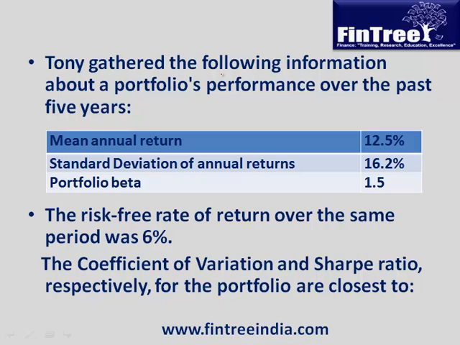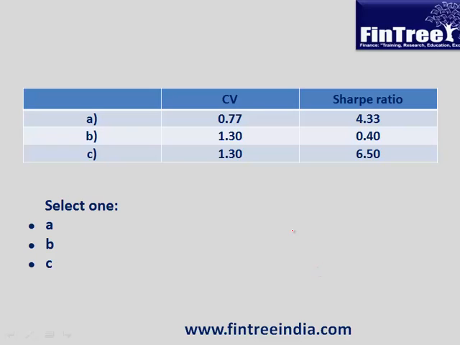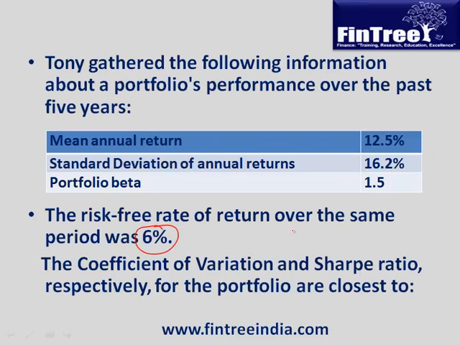Tony gathered the following information about the portfolio's performance over the past 5 years: standard deviation and portfolio beta. The risk-free rate over the same period was 6%. The coefficient of variation and Sharpe ratio respectively for the portfolio are closest to? Please solve.